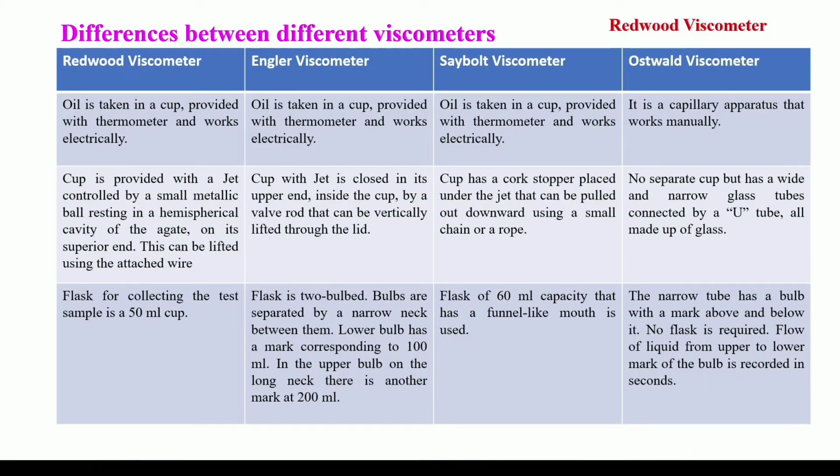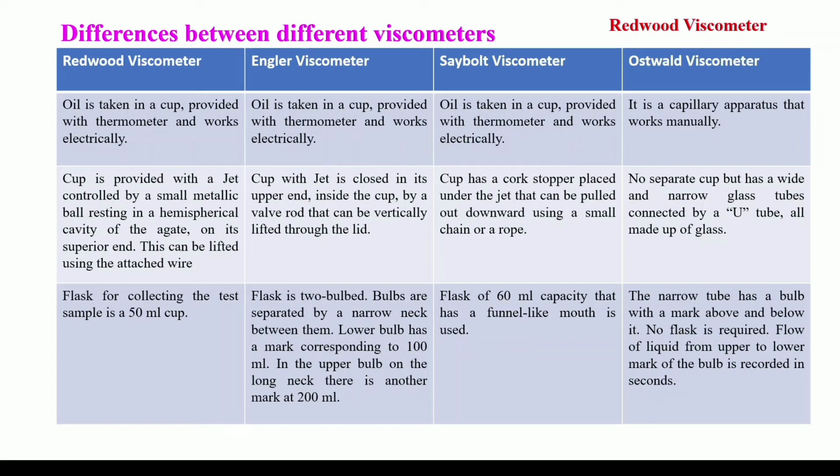So here are the differences tabulated in this table, where we can see that the oil which is taken in the brass cup is provided with a thermometer in Redwood viscometer, Engler as well as Saybolt viscometer. The oil is taken in a cup made up of brass and this brass cup is provided with a thermometer, and this instrument works electrically.